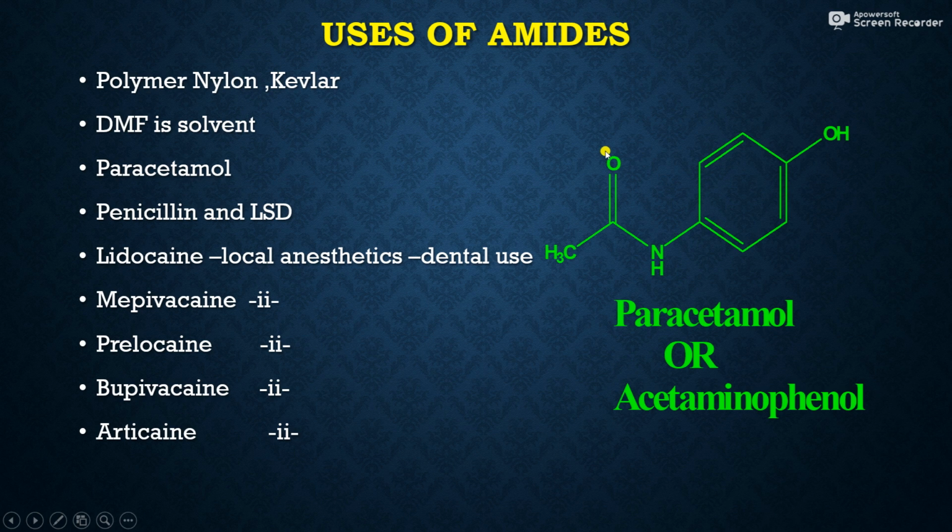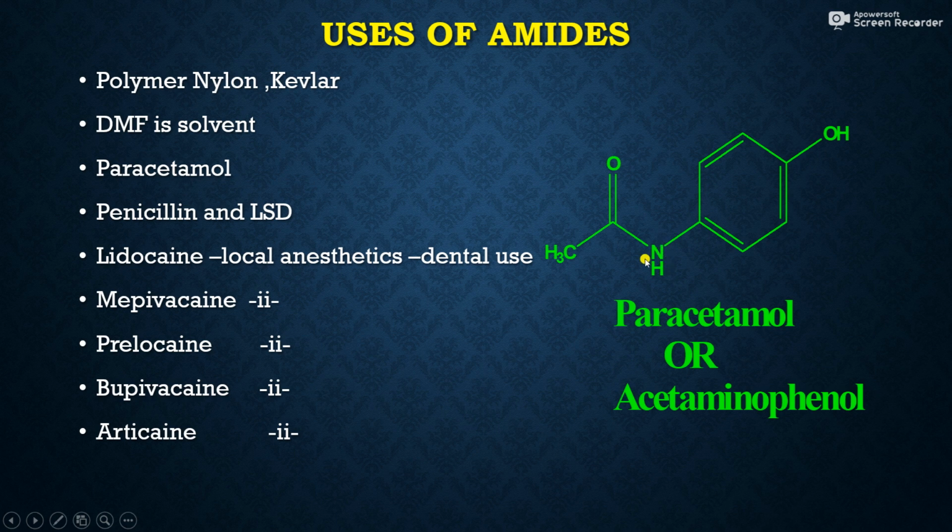And if you delete this part, then this is an NH2 group. At the para position to the phenol, there is an NH2. This means para-aminophenol. But how is paracetamol made?